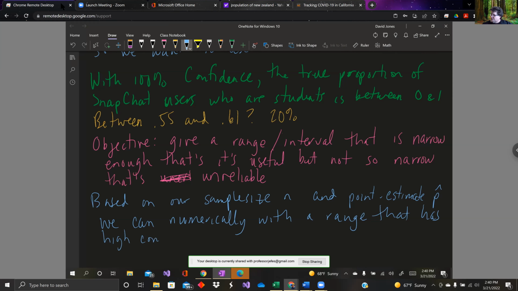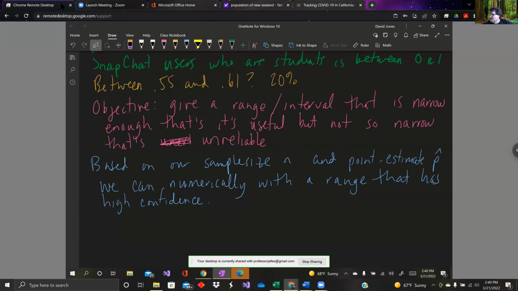And that's what we're going to do today. That range is called a confidence interval.